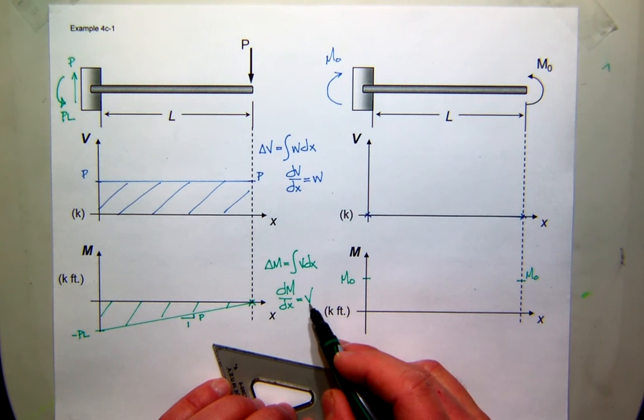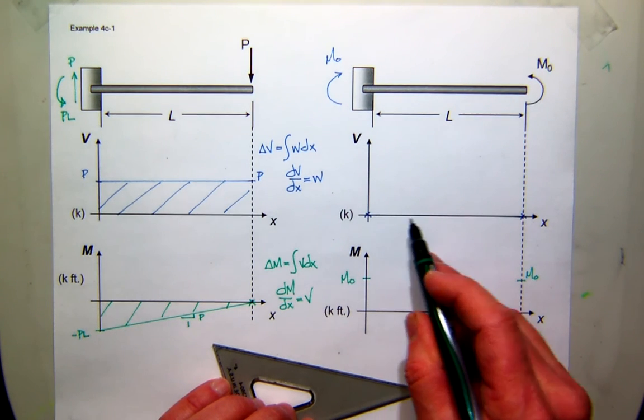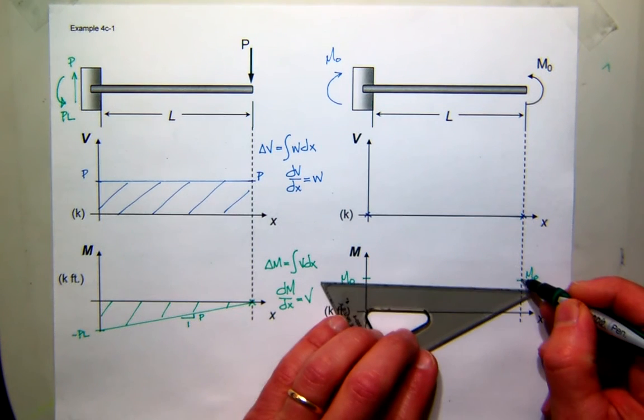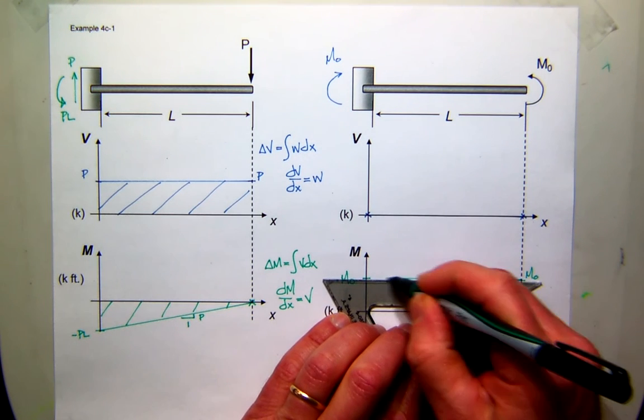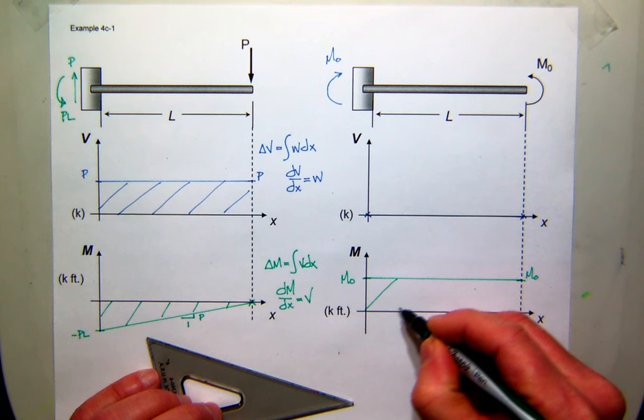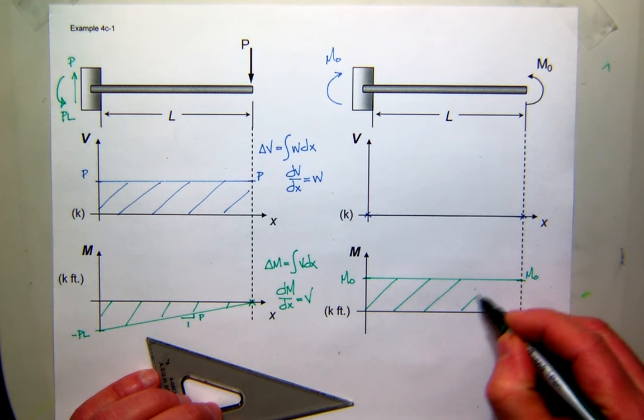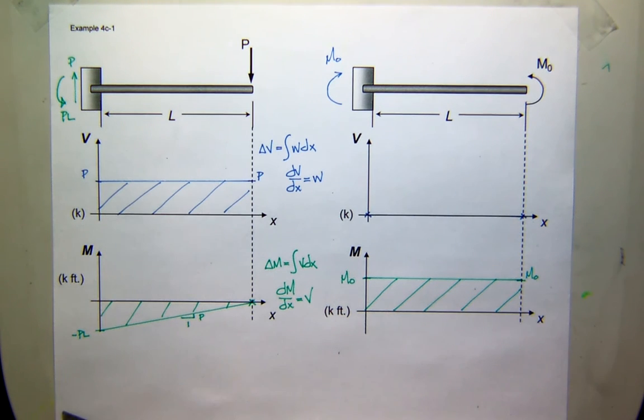The slope of the moment diagram is equal to the shear. The shear is 0. Here's a curve with zero slope. So this is a beam that has constant moment across the entire length. Any questions about that one? Okay, I'll stop this and we'll move to the next one.